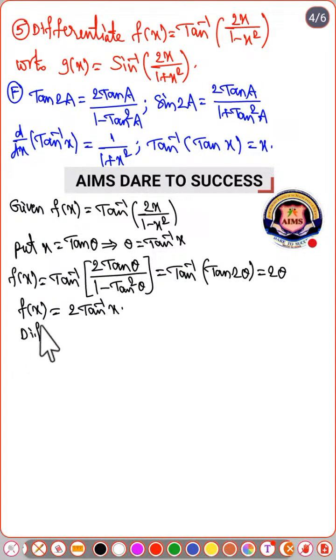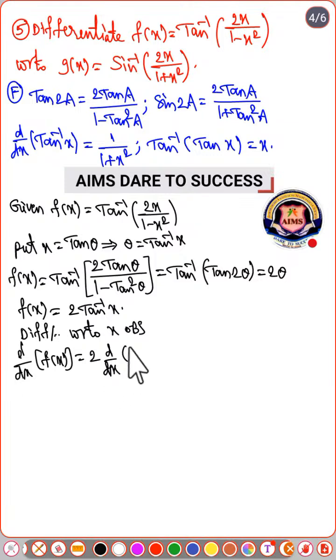Now you can apply differentiating with respect to x on both sides. We get d by dx of f of x equal to 2, a constant coefficient of tan inverse x, so 2 goes outside, into d by dx of tan inverse x. So f dash of x is equal to 2 into 1 divided by 1 plus x square.